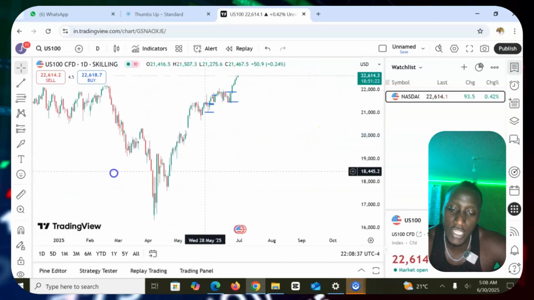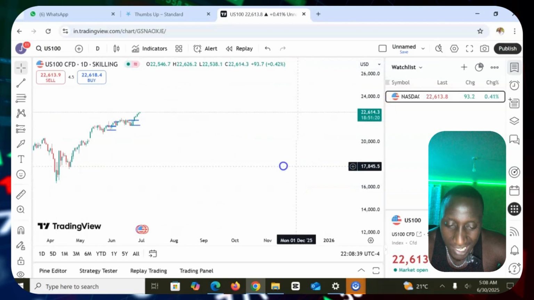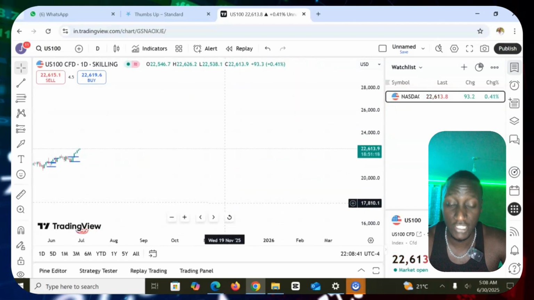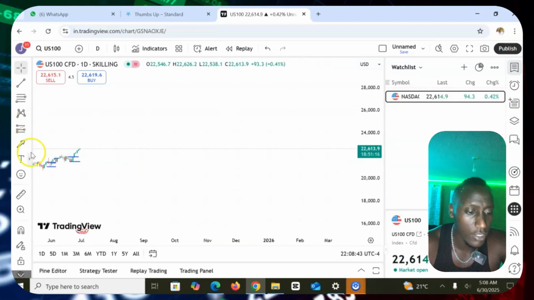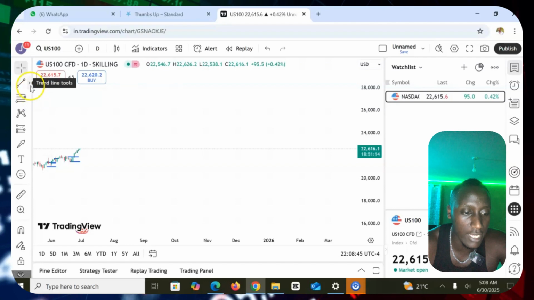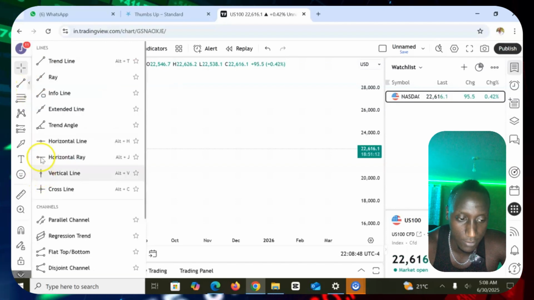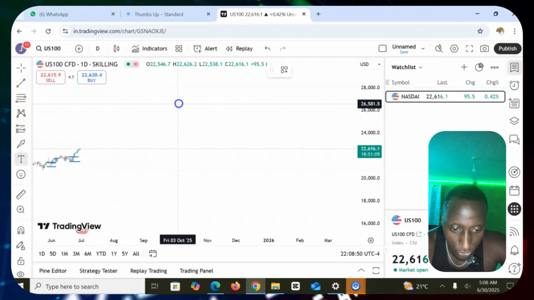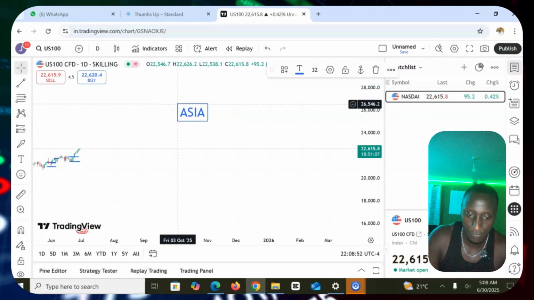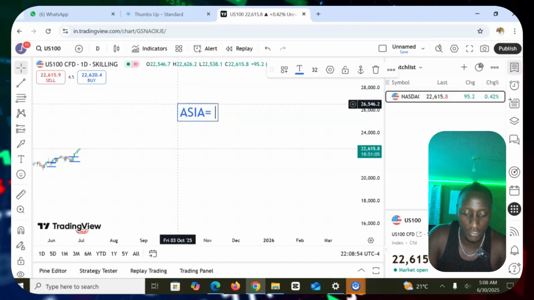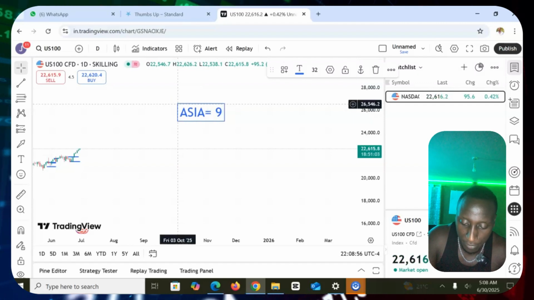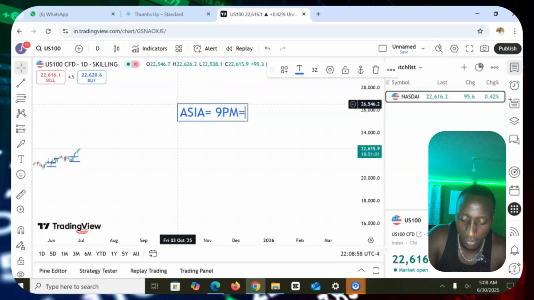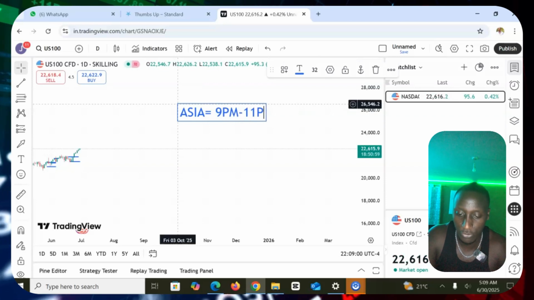Now, once you get a reversal, how exactly do you get into trades? This is where understanding timing windows is very important. So we have 3 timing windows. We have Asia. The timing window for Asia is between 9 p.m. to 11 p.m. This is New York time.